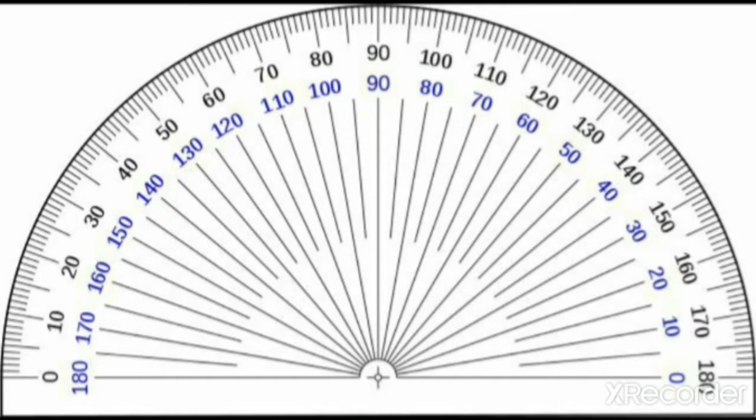Now let's learn how to measure angles using protractor. How to measure the angle by using protractor? Let's start. Here you can see one angle, and this is your protractor.